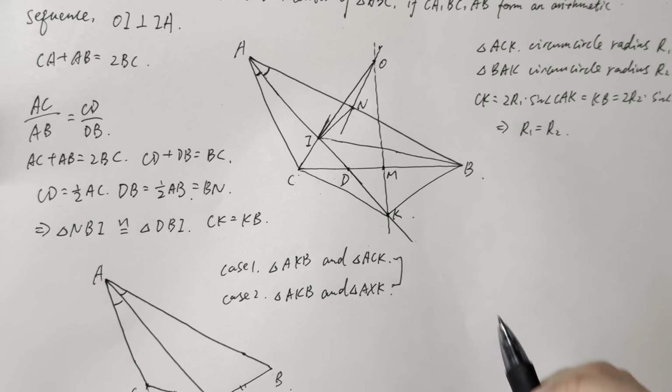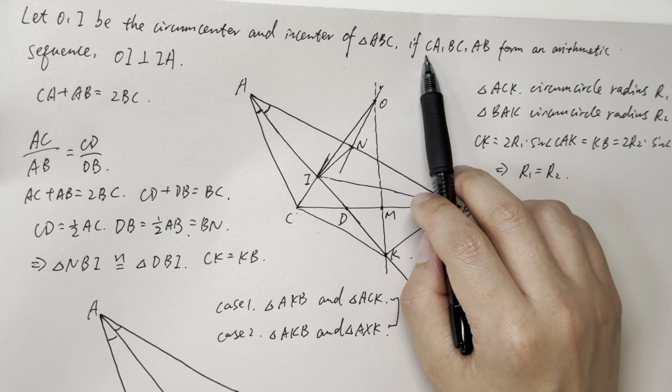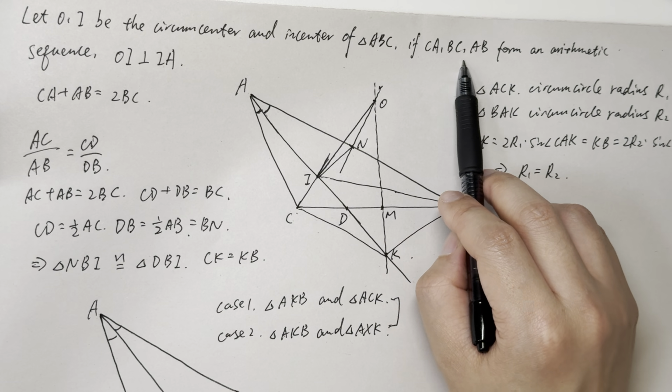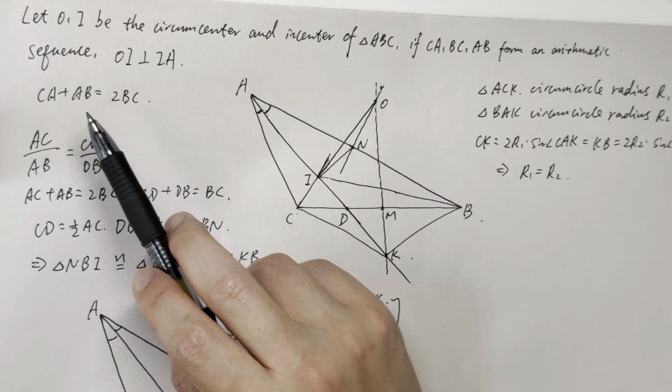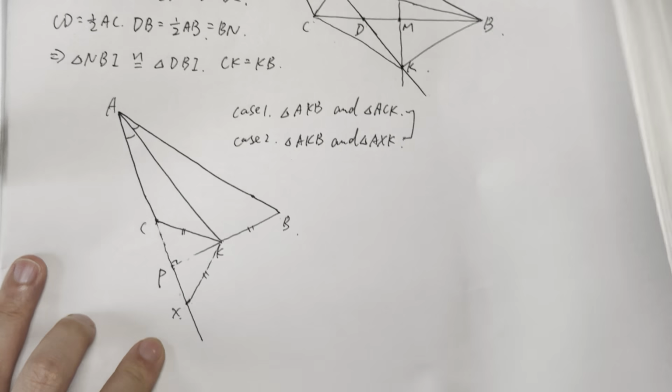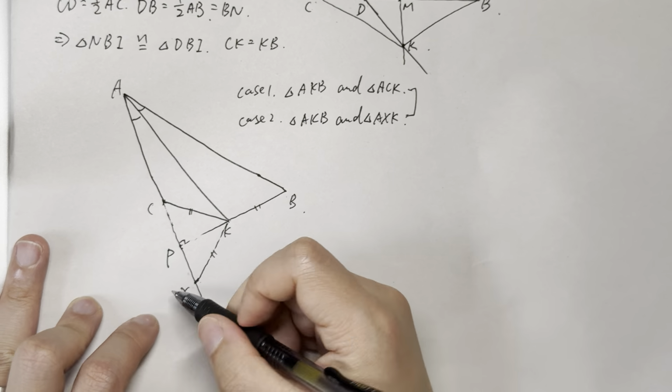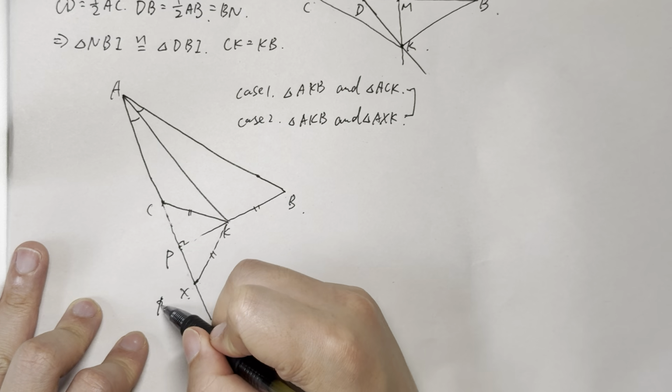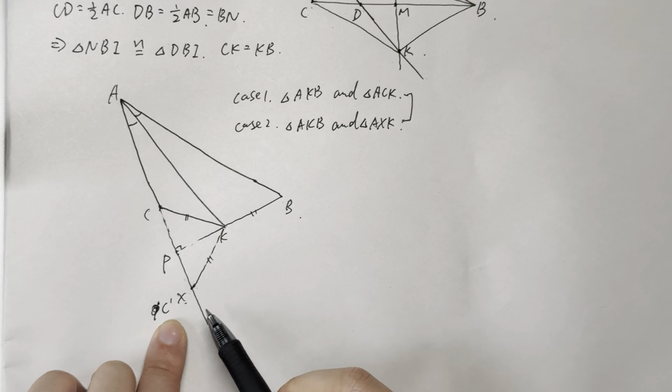These two cases can exist for the conditions we get so far. However, for the condition that CA, BC, AB form an arithmetic sequence, this axis actually represents C prime, right?